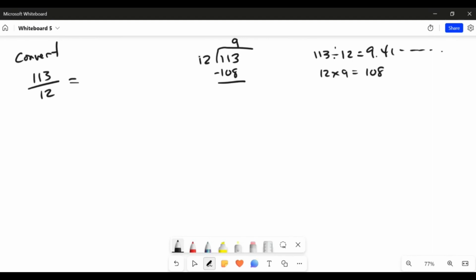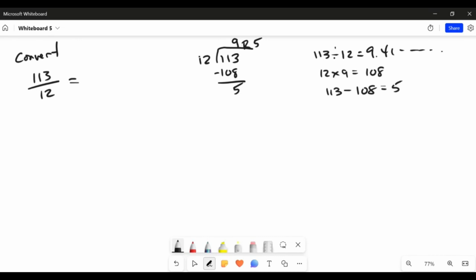To know what the remainder is, I need to take 113 and subtract 108. When I do that, I get 5. So the remainder is 5.